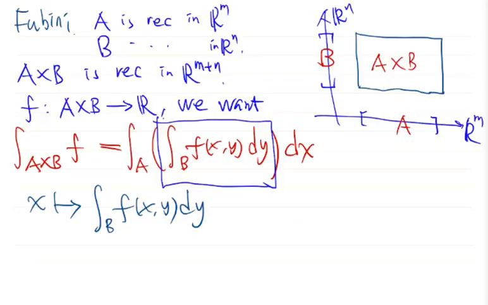Therefore, this defines a function on A. So we can integrate this function over A. Okay, so this is an iterated integral. To simplify notation, such an integral is often written this way.